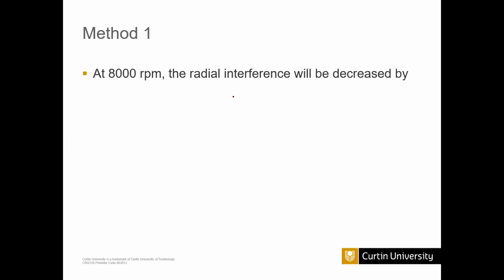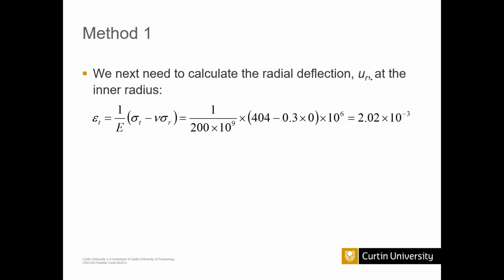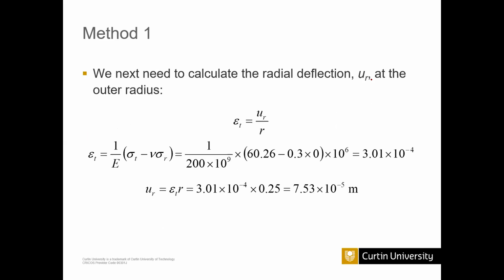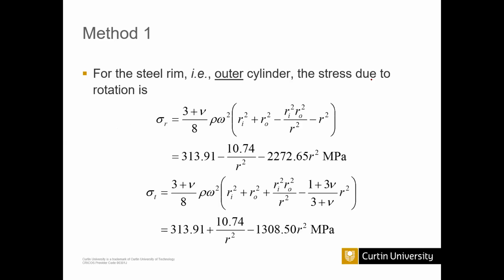Then at 8,000 RPM, the radial interference will be decreased by this difference, because we already calculated this value and this value. Here, this is the inner cylinder, outer surface. Next one, the outer cylinder, inner surface.